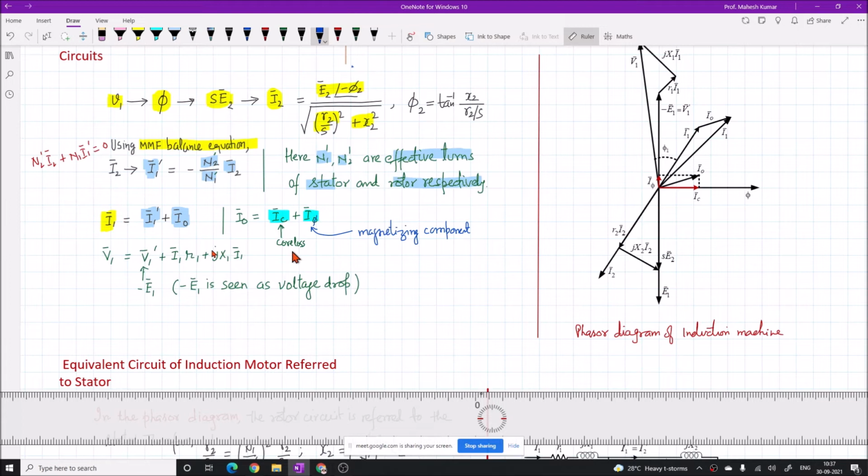The core loss component has two parts, if you remember from your previous studies. Number one is called eddy current losses. And the second one is called hysteresis losses.